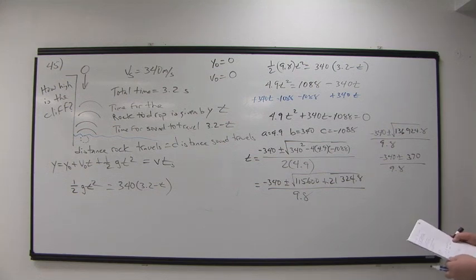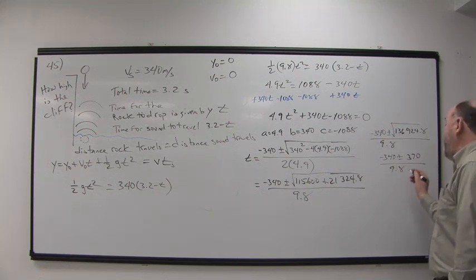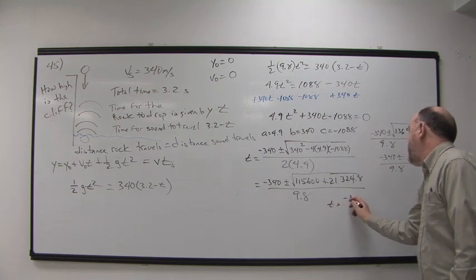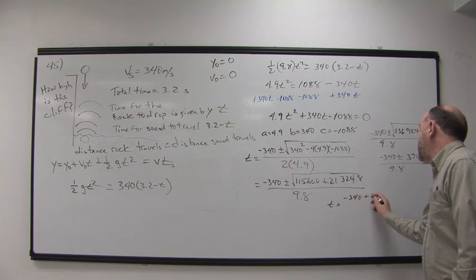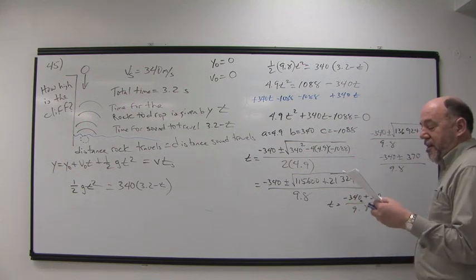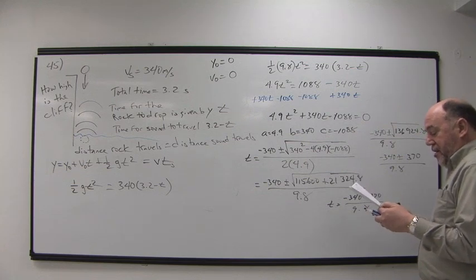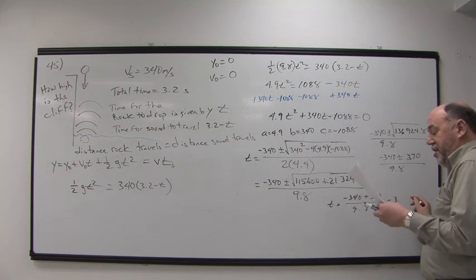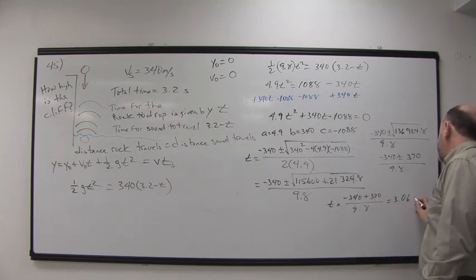One answer is t equals minus 340 plus 370 divided by 9.8, and that comes out to be 3.06 seconds.